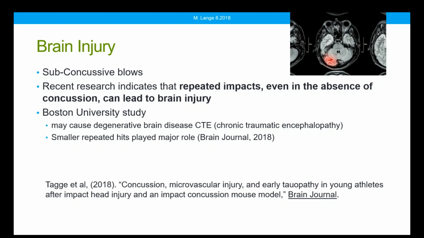There's more research going on here, and this is really directing where we're going with certain sports, especially youth sports like football and soccer, realizing that even if this young person has not received what we would define as a concussion, these micro concussions or subconcussive blows, when added up over time, can still lead to brain damage.